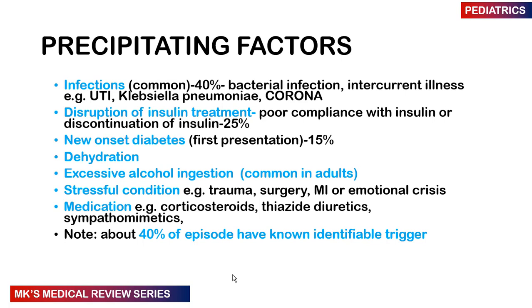In some cases, it may be the first presentation of new onset diabetes, 15%. Others may be due to dehydration, or excessive alcohol ingestion, which is quite common in adults, but even adolescents these days are drinking. There may be stressful conditions like trauma, surgery, myocardial infarction, which is not so common in the pediatric age group, or emotional crises. Some medications like corticosteroids, thiazide diuretics, and sympathomimetics can also trigger DKA.